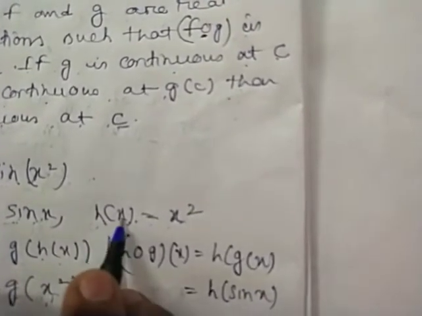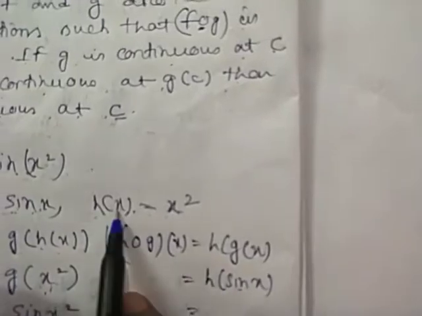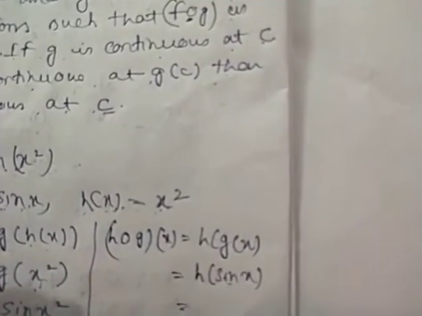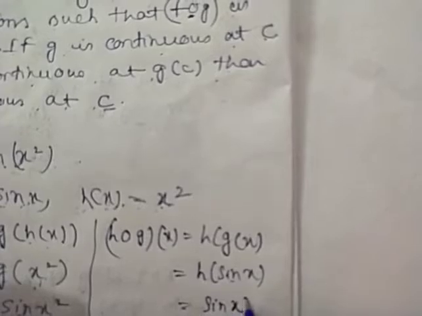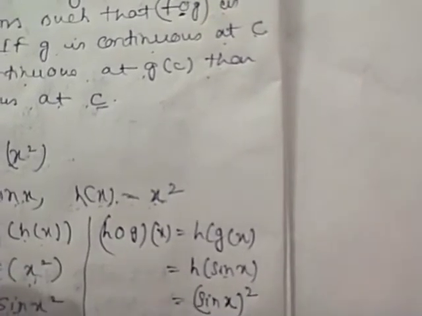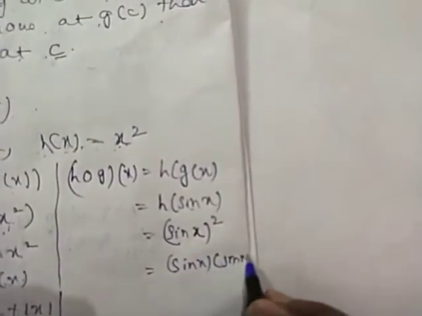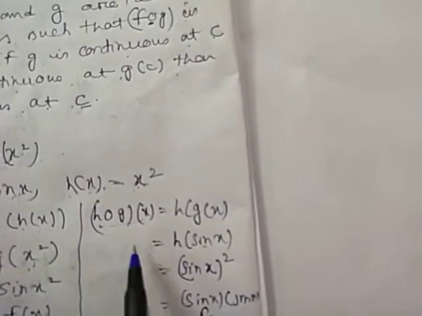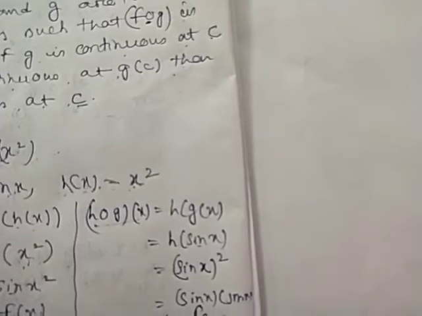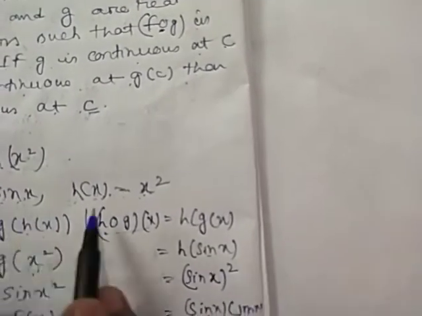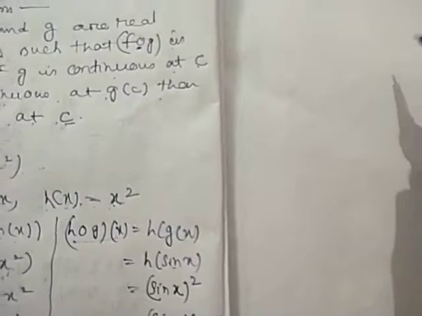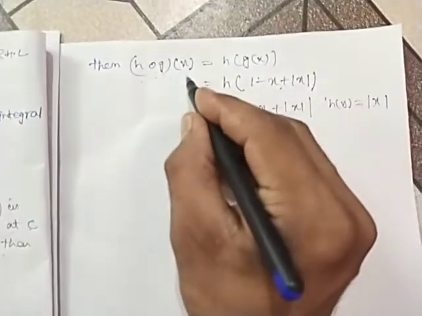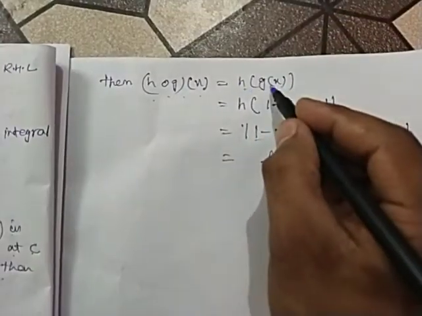And what is h of x? x square. So replace x by sin x. What will you get? Sin of x whole square, so this is sin x into sin x. So you are not getting f of x. I cannot take h o g of x, in this case I will not get f of x. So this is wrong. Similarly, in this case you cannot take f o g of x. You have to take h of g of x.